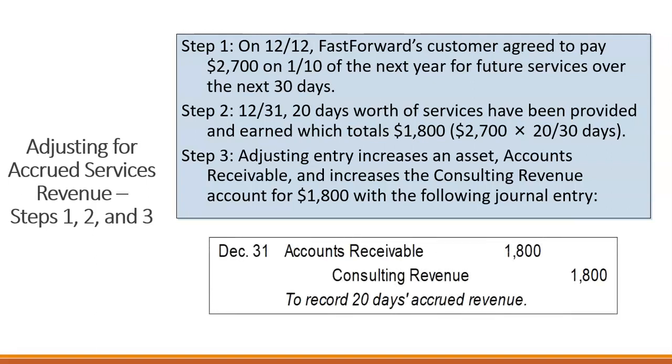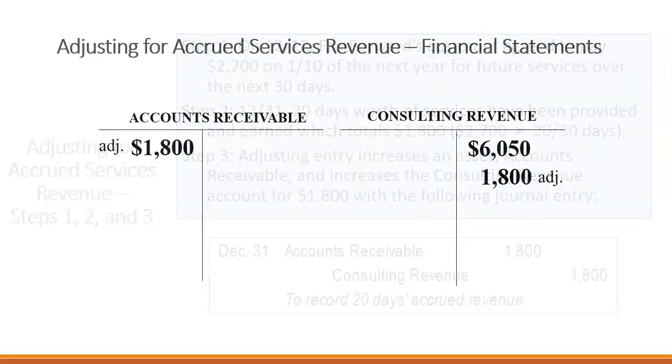So we have accounts receivable of $1,800 and consulting revenue of $1,800. So this is an example of where we started with unearned revenue and it became earned revenue that we still haven't been paid for yet.